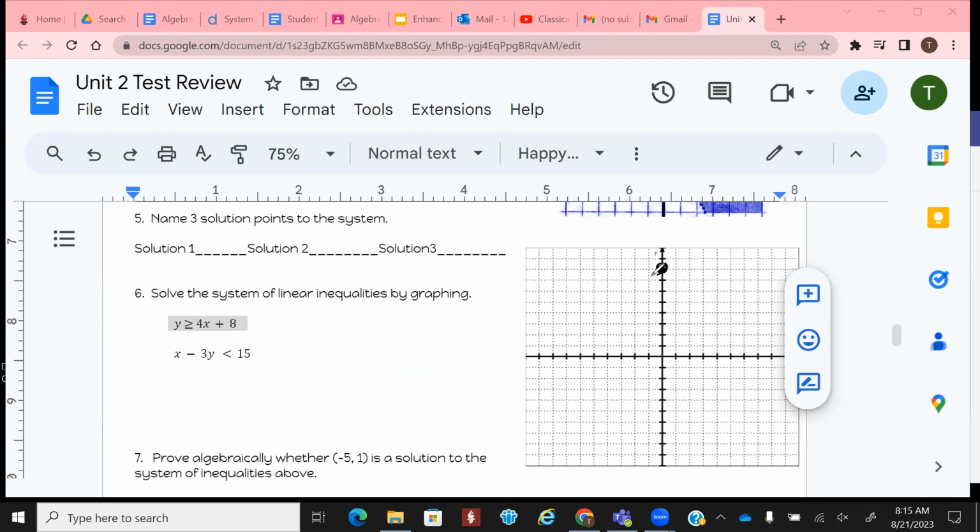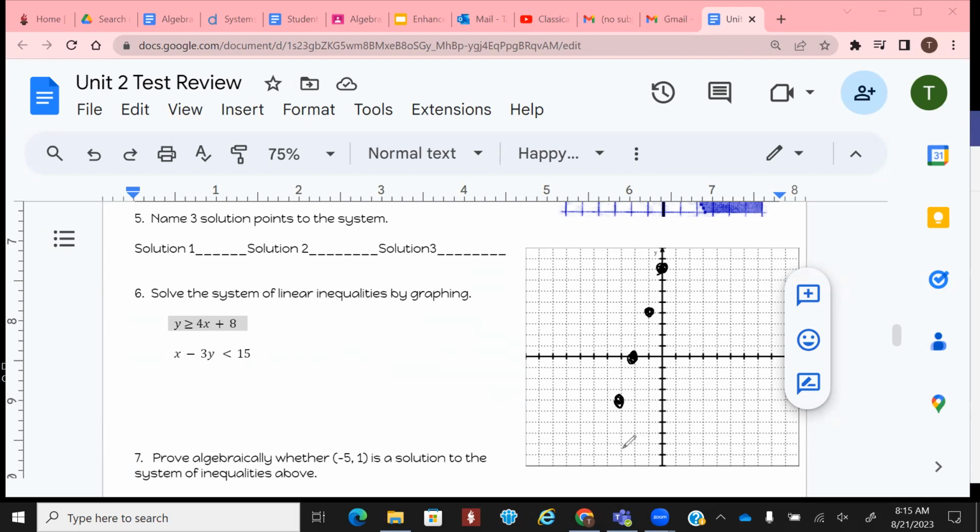And then my slope is up 4 over 1. Well, I can't go up this way, so I'm going to go the opposite direction. I'm going to go down 4 over 1. Down 4 over 1. 1, 2, 3, 4.